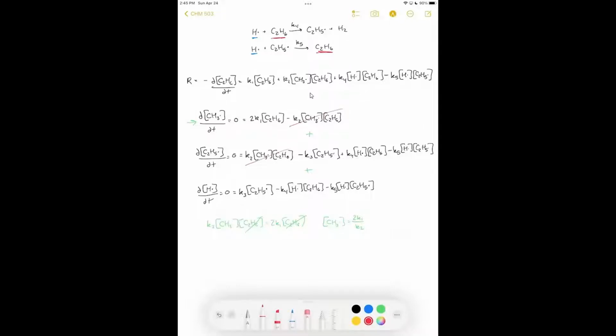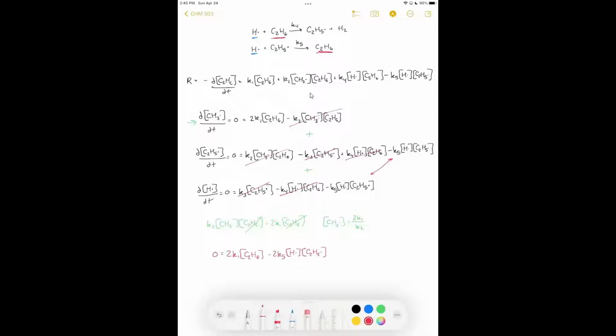Then if we add the bottom equation, we can eliminate this term and this term, and this term and this term, whereas these two will actually stack. So what that will give us when we add these three equations together is 0 equals 2k1 times the concentration of C2H6 minus 2k5 times the concentration of hydrogen atoms times the concentration of C2H5.